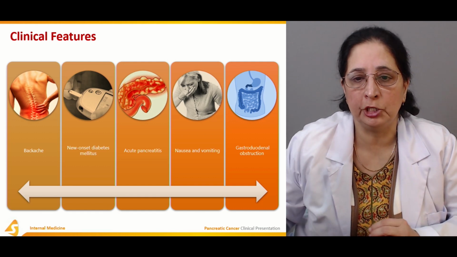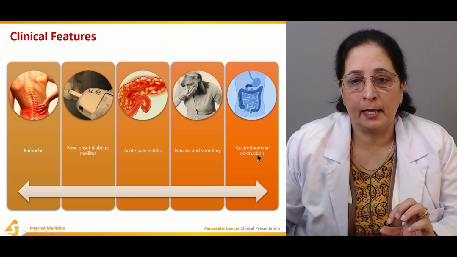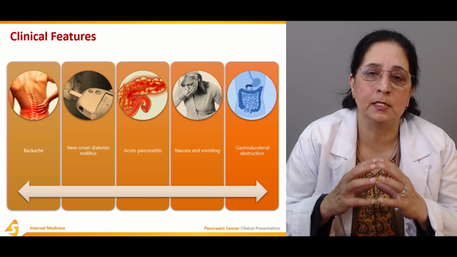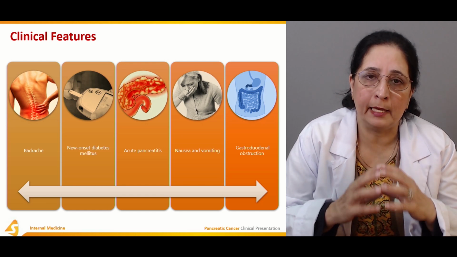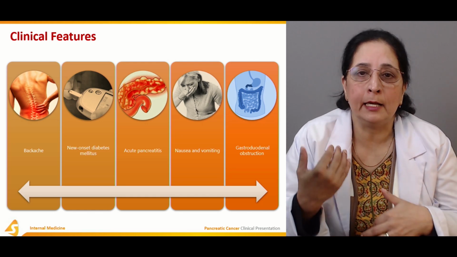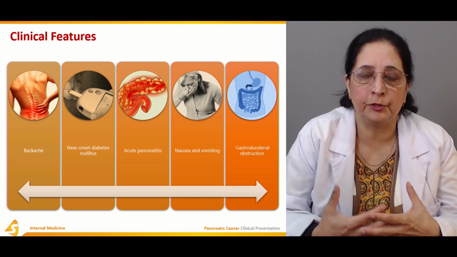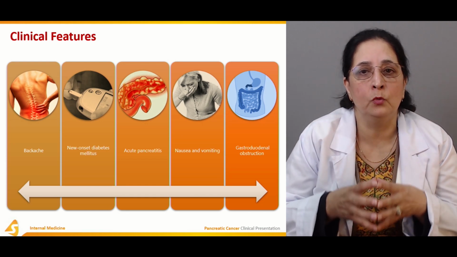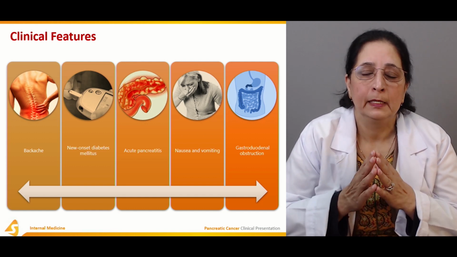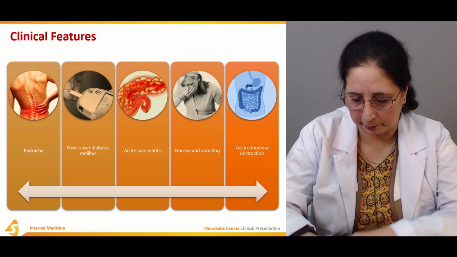The duodenum is the C-shaped structure in which the pancreas sits, and the tumor in the pancreas can obstruct the duodenum, leading to nausea and vomiting because there is obstruction to the passage of food. So all these are the clinical features associated with pancreatic cancer.